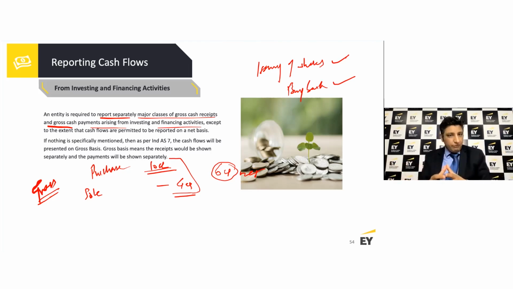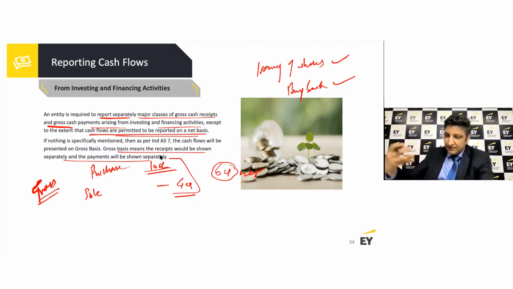You can't do a netting off. Offsetting is not permitted unless there are specific aspects where you are required to report them on a net basis. We'll see what are those areas where the requirement of reporting on a net basis is there. So from that perspective, you would be showing all those receipts and payments separately rather than netting off.